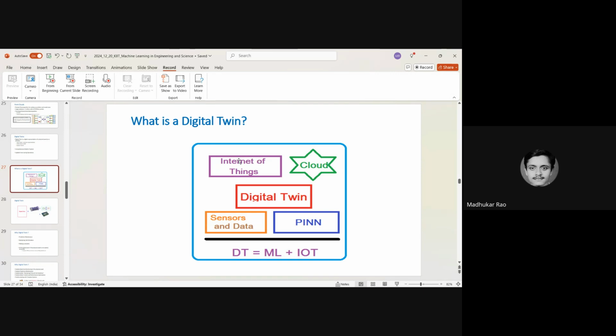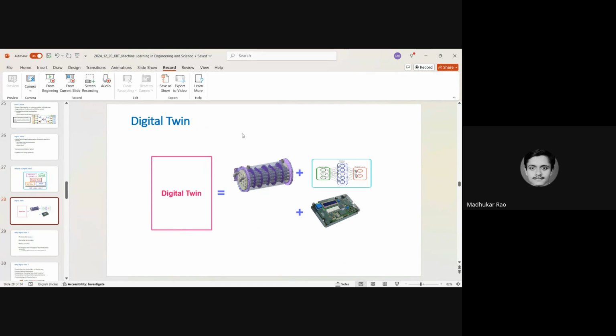So the IoT device will typically be like a PLC, programmable logic controller, that will be connected to the cloud, and it picks up data from sensors, and maybe even maintains a database of the entire history of what happened to the product. And you can use a physics informed neural network to model as many components of the system as is feasible.